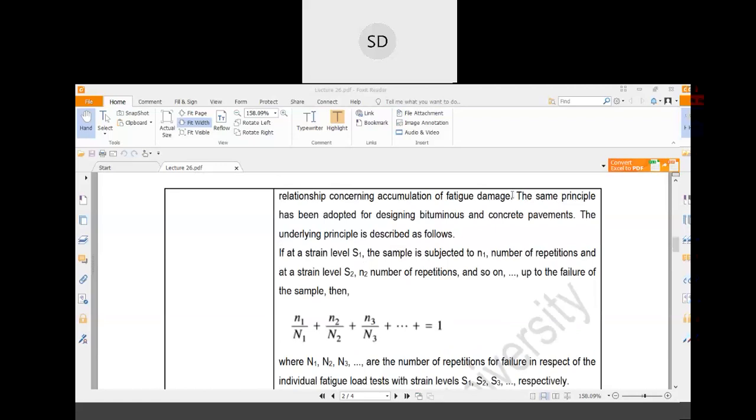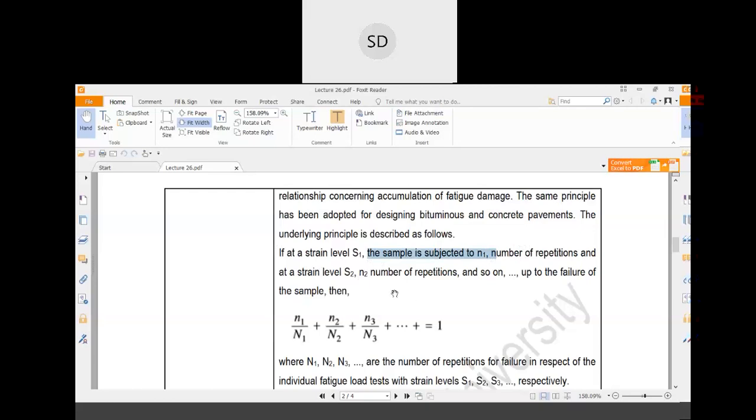This same principle has been adopted for designing bituminous and concrete pavement. So what is the principle? Suppose your strain level is S1, this sample is subjected to n1 number of repetitions, and at the strain level of S2, n2 number of repetitions are there.